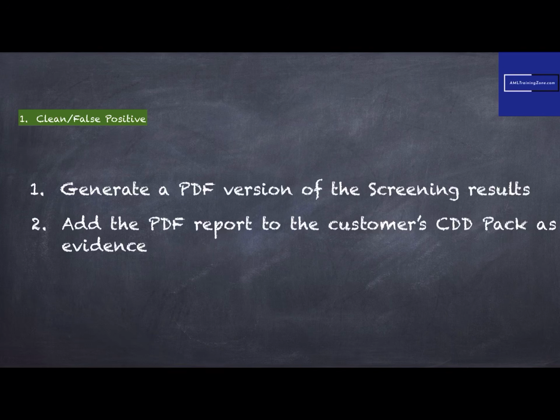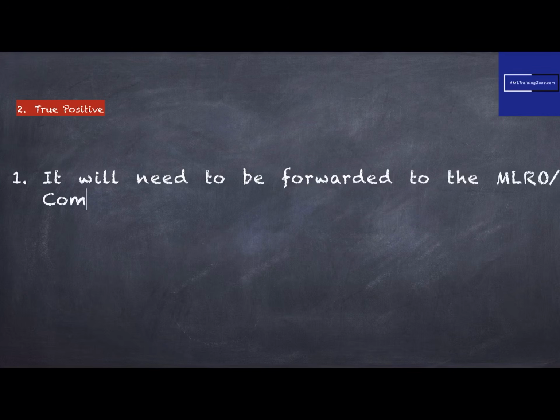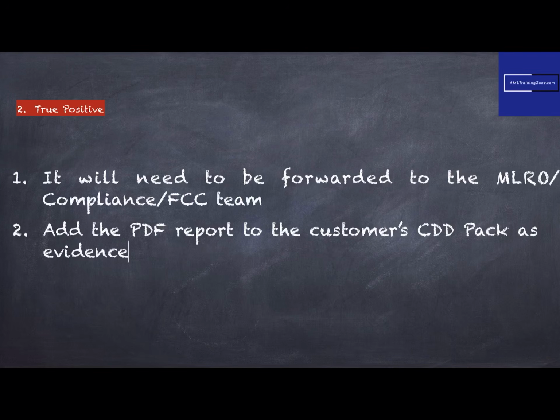In case it's a true positive, that means the customer is part of a sanction list or PEP list, etc. It will need to be forwarded to the MLRO, compliance, or FCC team, depending on the naming convention in your bank, requiring their advice on how to proceed. And at the same time, add the PDF report to the customer CDD pack as evidence.